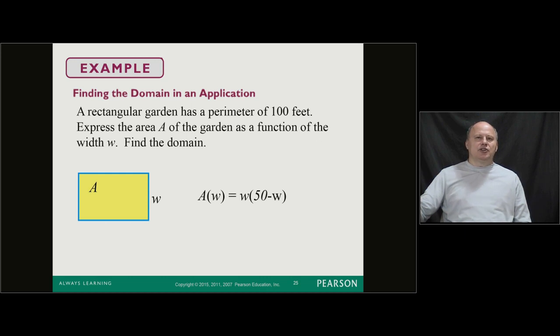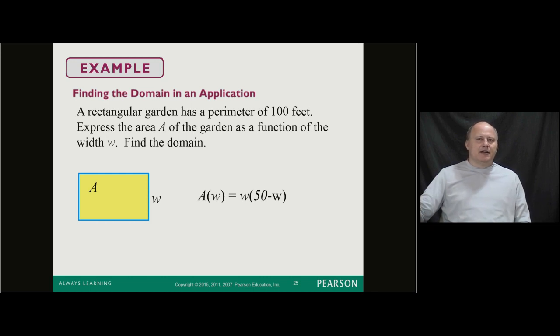Okay, but it also wants to know what the domain is. Now if you look at the area formula right here, W times (50 minus W), it's almost easier just to do this by observation. We know neither the length nor the width can be negative. We don't have to worry about square roots or fractions or anything else.